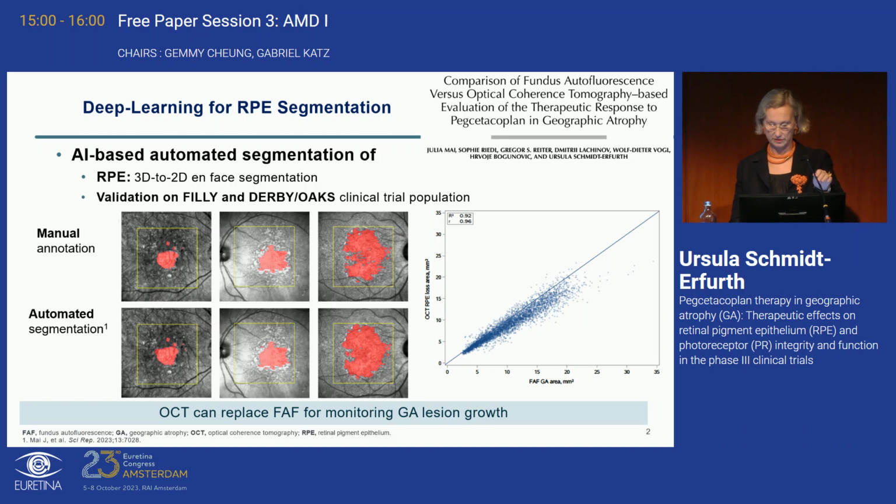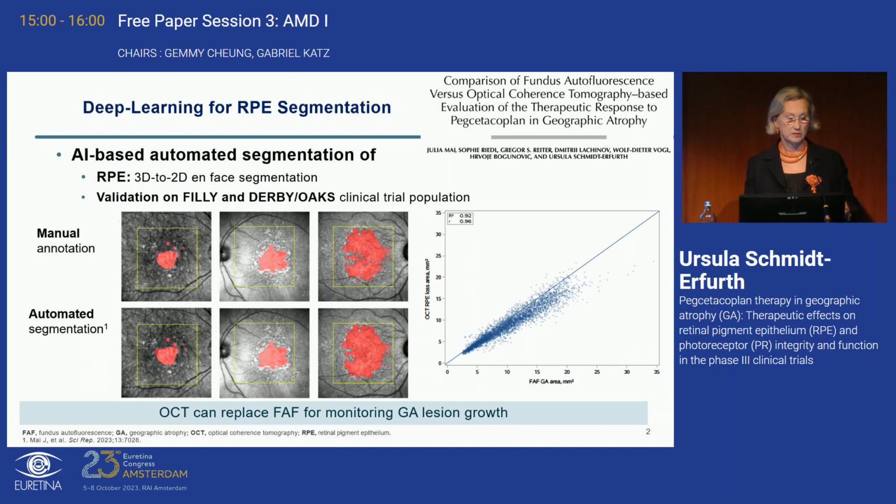So first thing we need to do if we want to approach the RPE is get out of this 19th century FAF black hole and really understand where the RPE is missing based on an OCT, because the OCT offers the opportunity to follow the RPE in all its extensions.